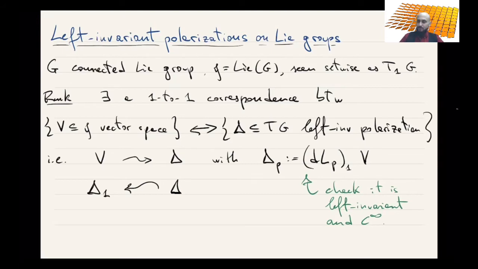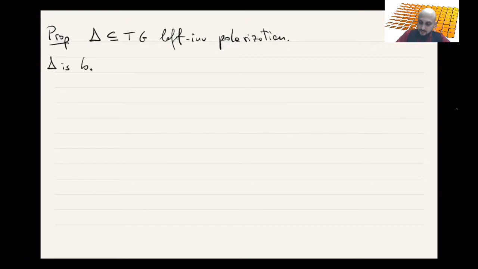Now, when is it that a polarization is bracket generating? The proposition is very simple. Let's fix a left invariant polarization Δ. Then I claim that Δ is bracket generating if and only if the subspace at the identity, Δ1, is not contained in any subalgebra different from the whole Lie algebra.